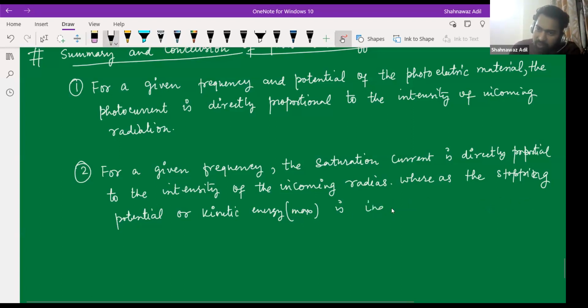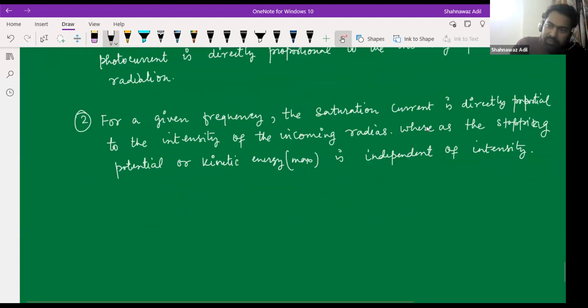First we write the independent part, independent of intensity, and then we will write the dependent one.